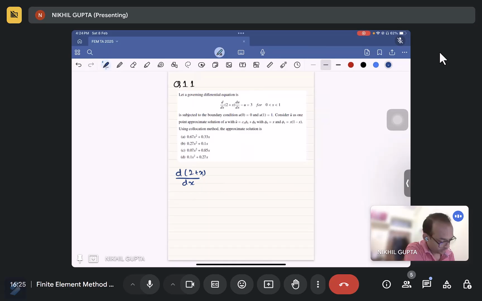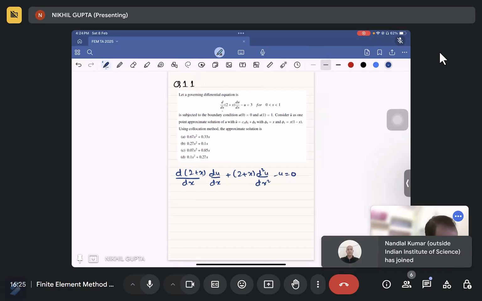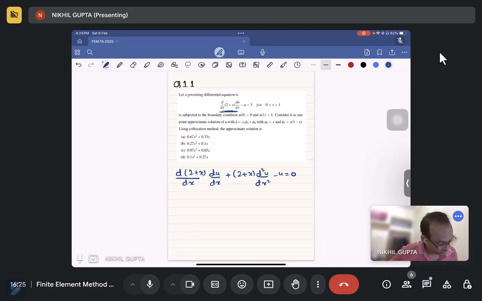So in solving this, we're using this: du by dx plus 2 plus x d2u by dx square minus u is equal to 0. What I have done, I have used the multiplication rule because it looks like it is like this. So now this is an equation.